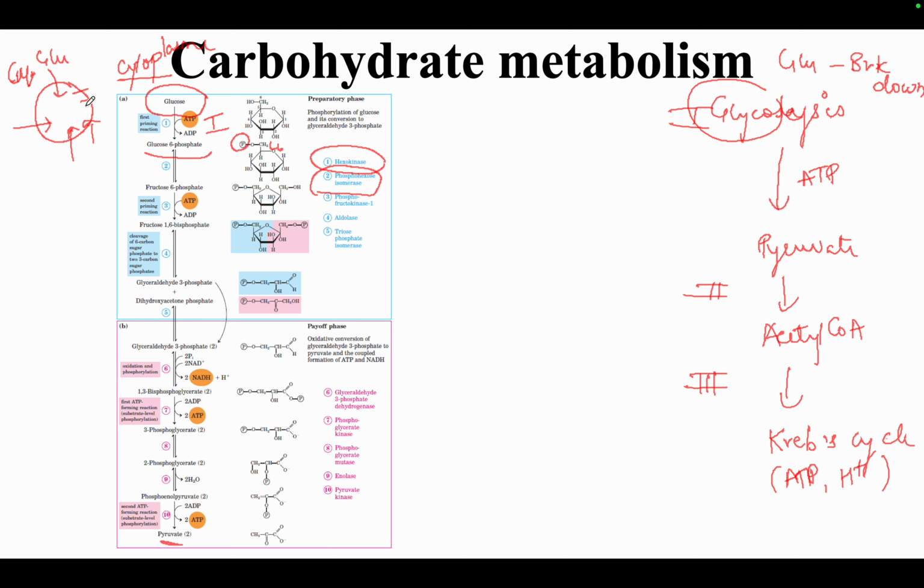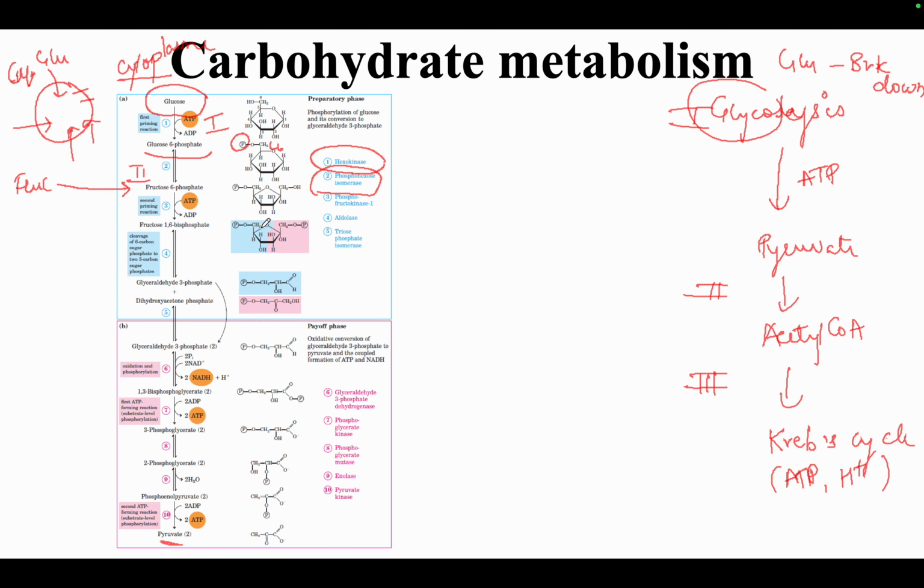Also, whenever there is fructose outside the cell, fructose can be taken up and directly phosphorylated via this step, and then glycolysis resumes from the second step, that is, the fructose 6-phosphate step.